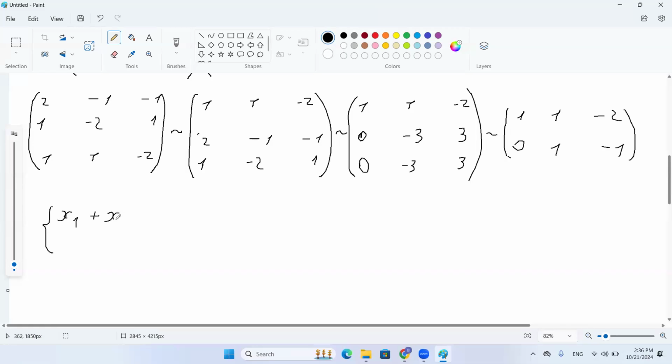So the rank of the system is 2. So the basis variable is x1, and the other variables x2 and x3 are free variables.